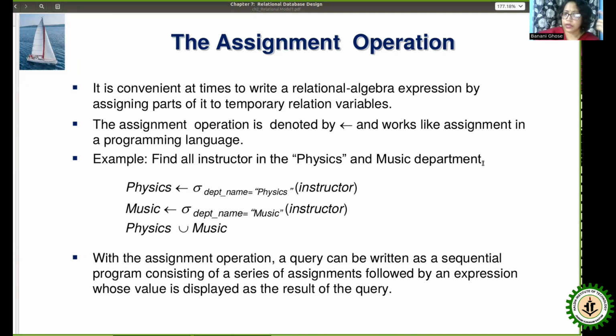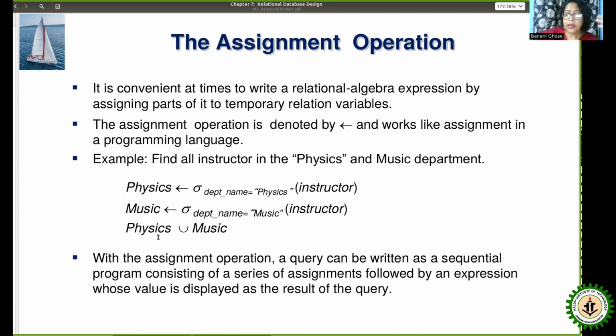Suppose this is: find all the instructors in the physics and music departments. You have to find the names of the instructors who are working in the physics department and in the music department. So ultimately you do sigma department name equal to physics on instructor. Now you assign that smaller set of rows to the physics table, and similarly you do the same thing with the music department, assigning it to the music table.